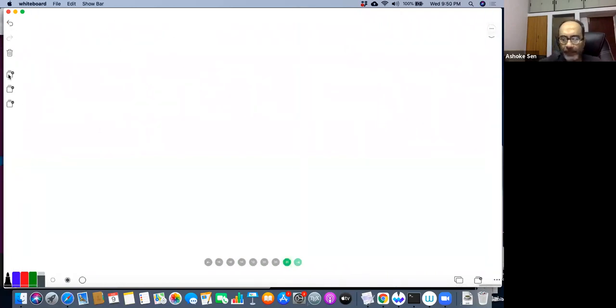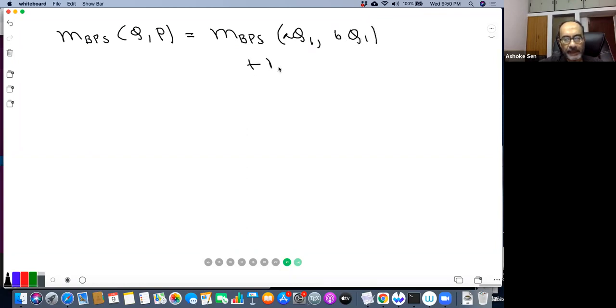Basically the way you know it is that you equate the BPS mass of the state with charges Q, P to the sum of M_BPS of a Q1, b Q1 plus M_BPS of c Q2, d Q2. You see here I have taken aQ1, bQ1 and cQ2, dQ2 because these have to be parallel.